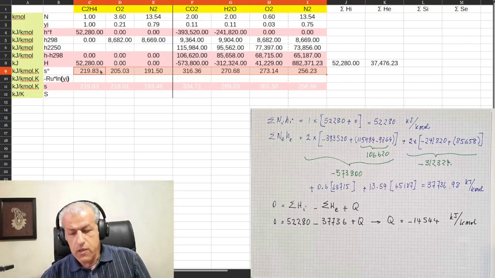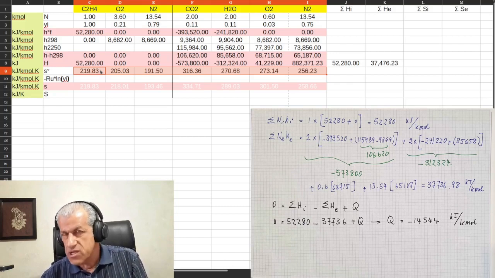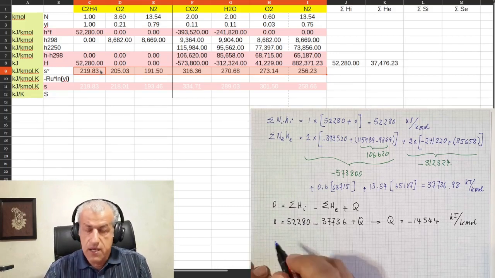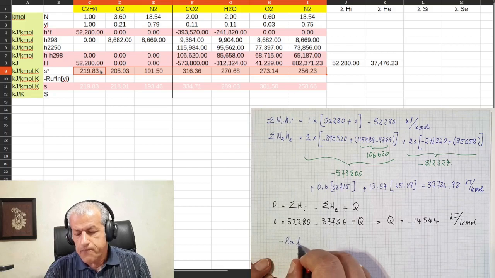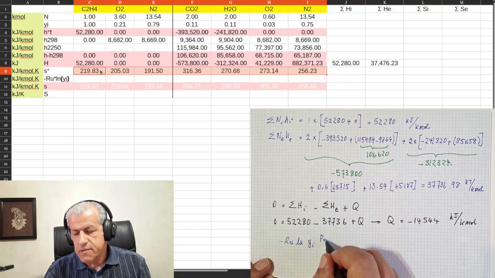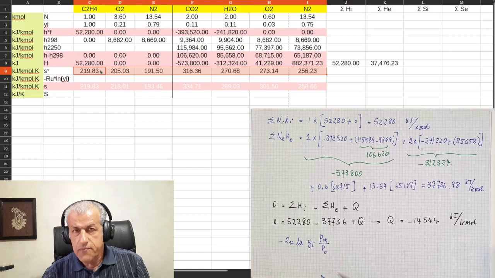The way to account for that change in pressure from the standard pressure is simple. We just have to calculate minus RU ln yi times P mixture divided by P0, which is the standard pressure.